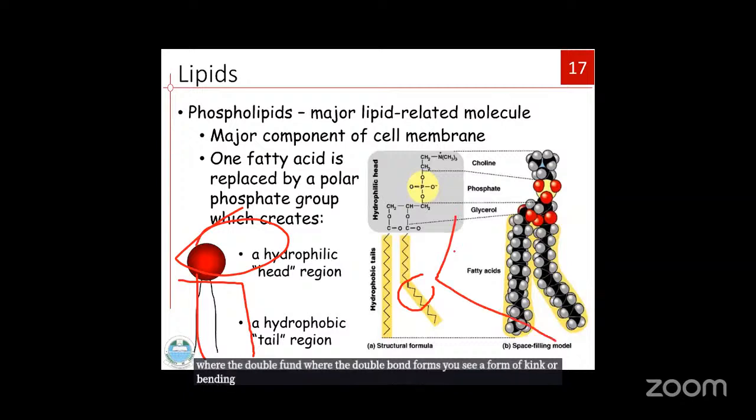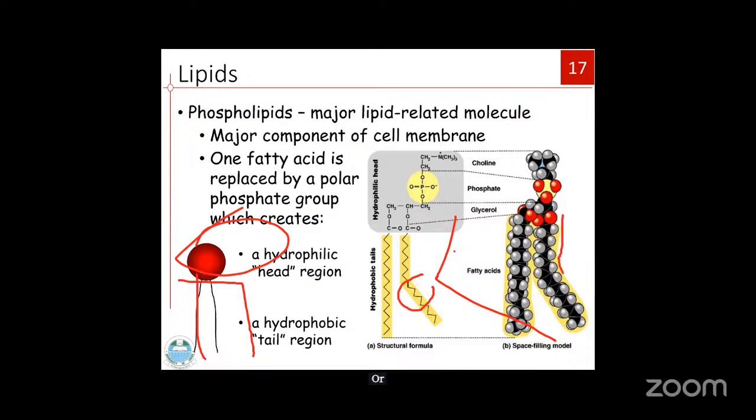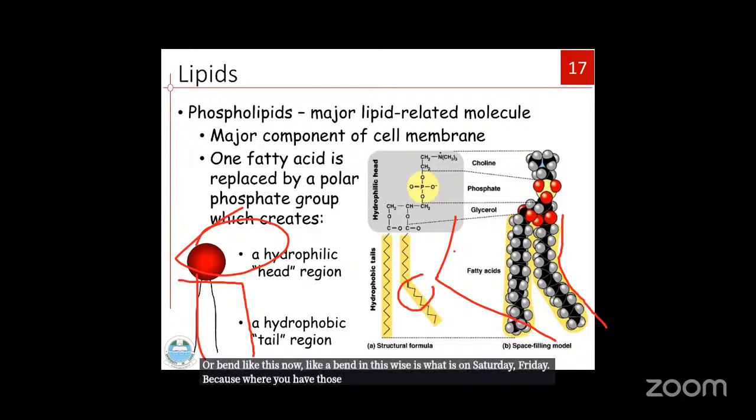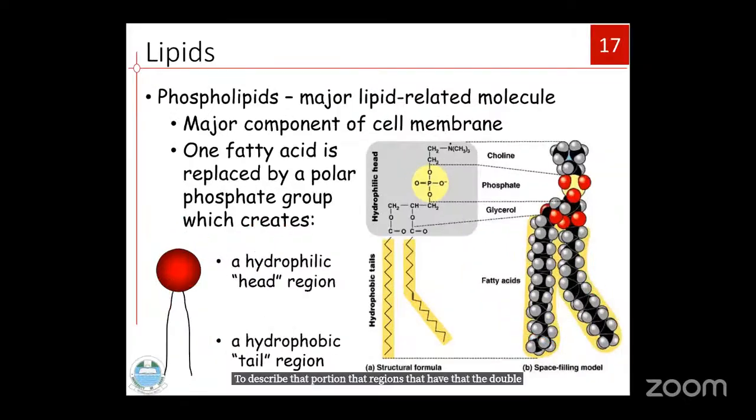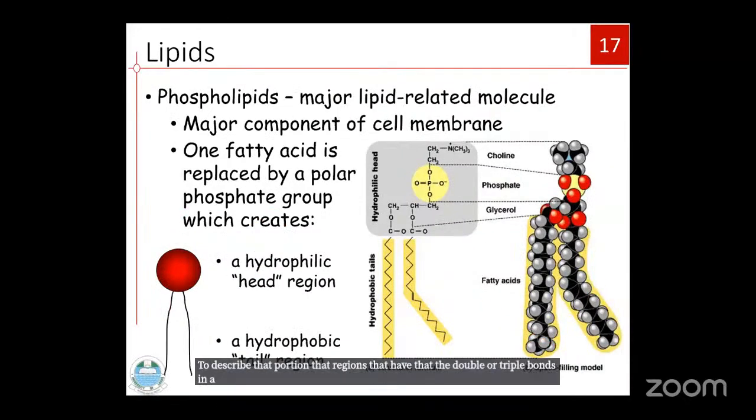So when you see a kink or a bend like this, that is what is unsaturated fat, because where you have those double bonds, they tilt, they bend somehow. So there is a form of kink. We use the word kink, K-I-N-K, to describe that region that has the double or triple bonds in unsaturated fatty acids.